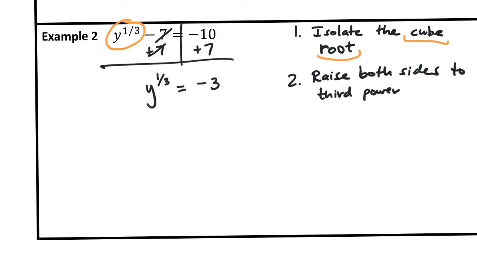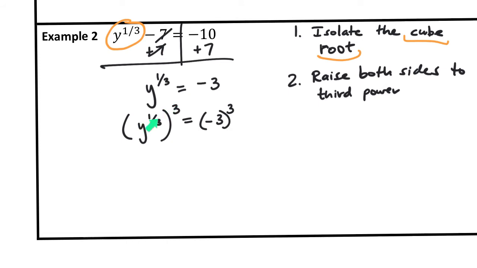I'm going to write the same thing again, put the 3rd power there and -3 to the 3rd power. What happens with the 3 and the 1/3?